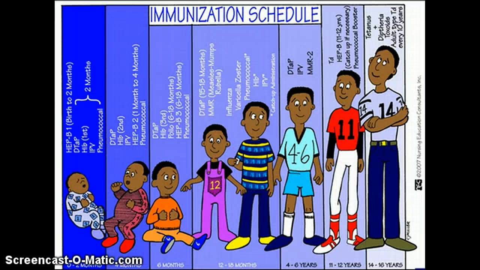So this is just a little picture or pictorial image of immunizations across the lifespan. So it talks about what is occurring in 0 to 2, 4 months, 6 months, 12 to 18 months, 4 to 6 years, 11 to 12 years, and then finally 14 to 16.